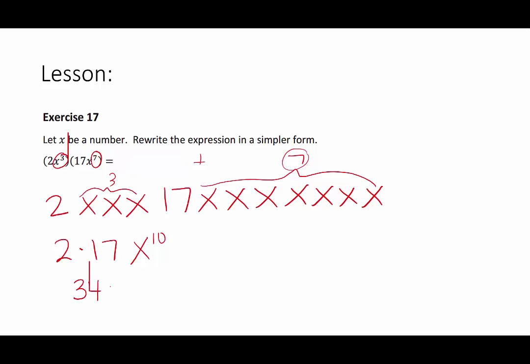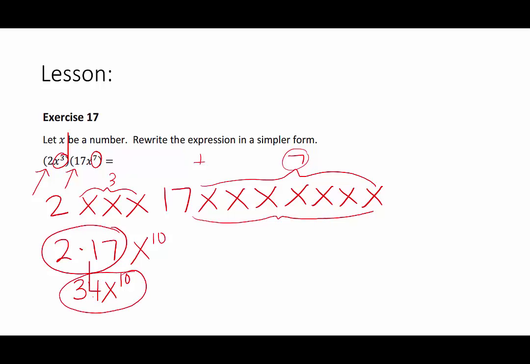So we have 34 x to the 10th power. These coefficients, or the numbers that are in front of those x's, can be multiplied by each other. The only thing that tells us how many x's we are going to write out is the exponents. So the answer to this problem is 34 x to the 10th power.